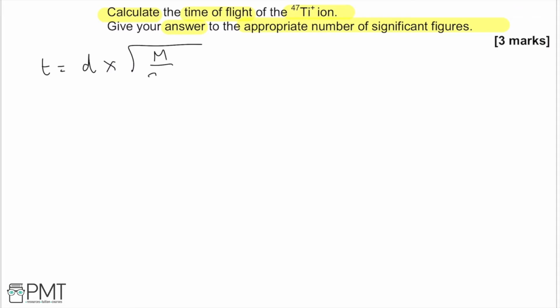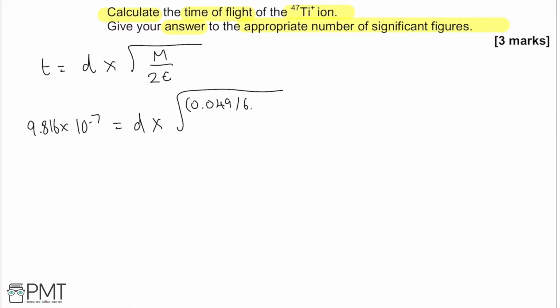So we should get 9.816 times 10 to the minus 7 equals distance multiplied by the square root of 0.049 in brackets divided by our Avogadro's constant value of 6.022 times 10 to the 23, then divided by 2.026 times 10 to the minus 30. And if you rearrange this to get d by itself by dividing by our whole square root, we get a value of 1.55 to 2 decimal places.